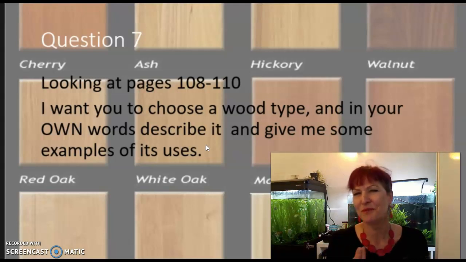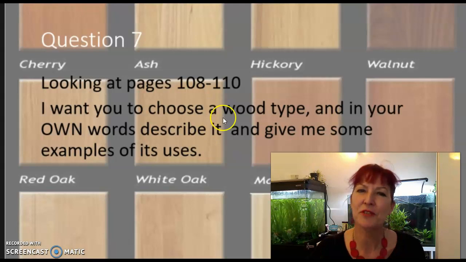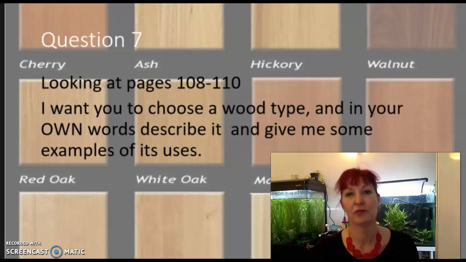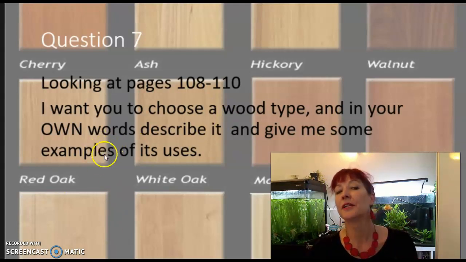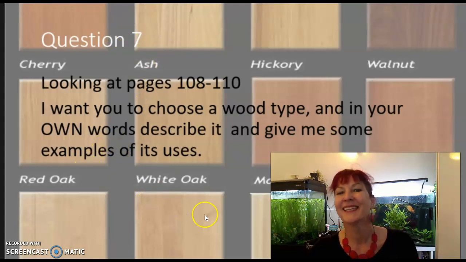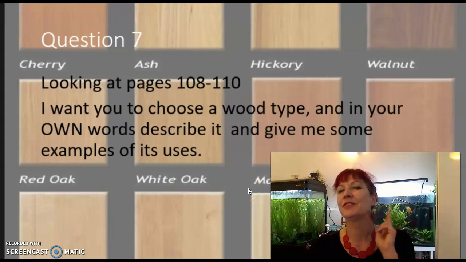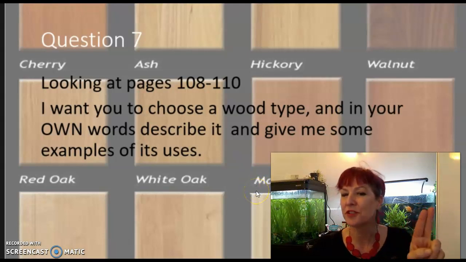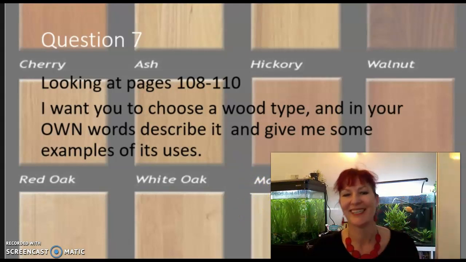You know, some wood can be quite rough. And I want you to give me some examples of where you use it. And note, there is an S on the end of examples. So I want at least 2. Yeah, if you want to push yourself, give me 3.